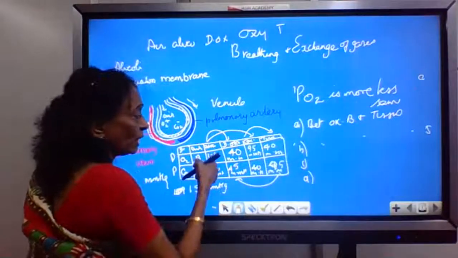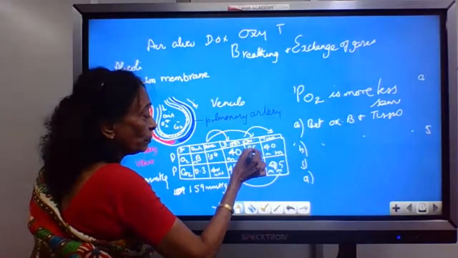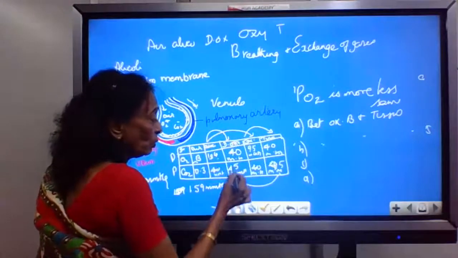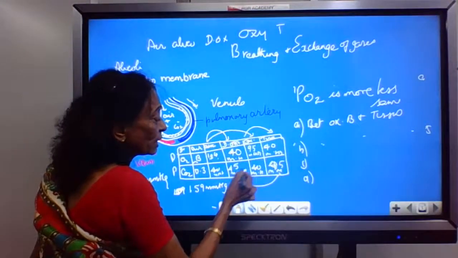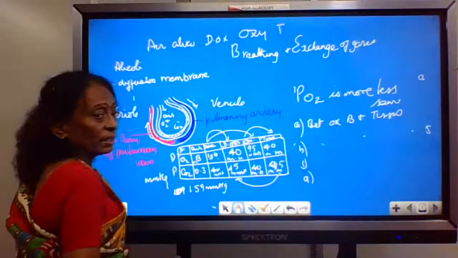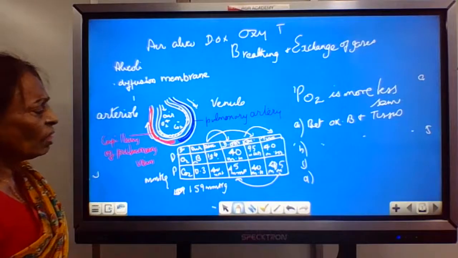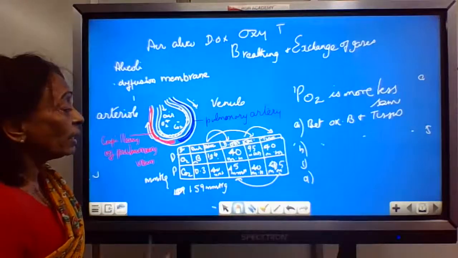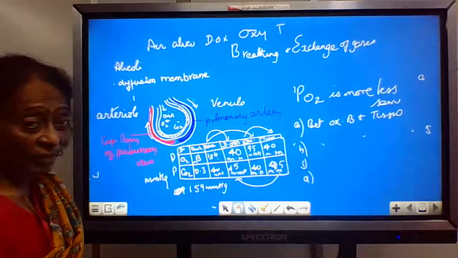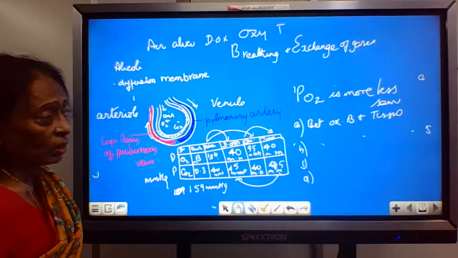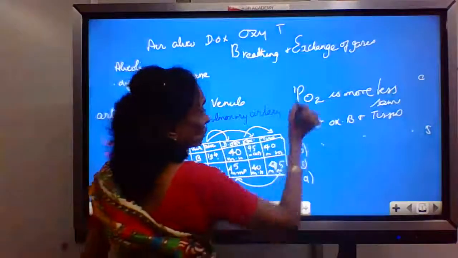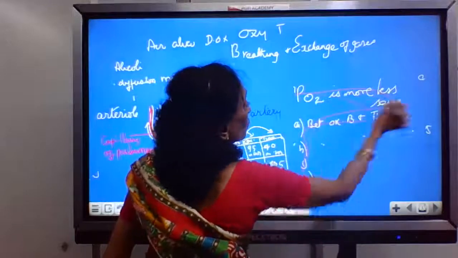So alveolar air and oxygenated blood will be more or less the same in PO2 between these two. But CO2 is mainly the same between deoxygenated blood and the tissue. This is another question they can ask you. Or multiple choice, they can give you directly. Or they can make a match the following. How can they word match the following? See, this is one. What is the first one?